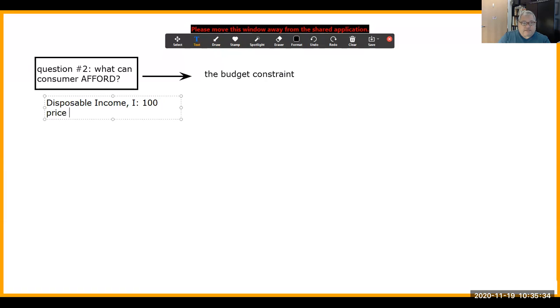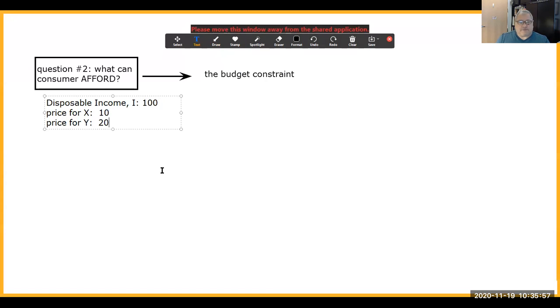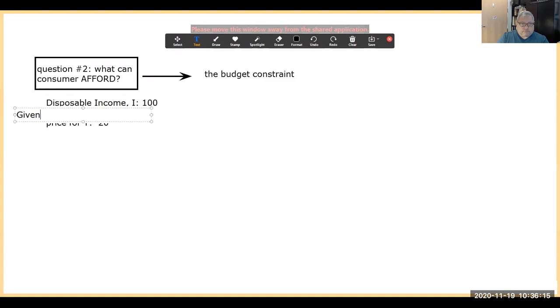And then I also need a price for X, and I also need a price for Y. I need a price for each of the two goods, X and Y. Something easily divisible into 100 would be easier, so I'm going to use 10 and 20. So good Y is twice as expensive to buy in a competitive market than good X is. So I need that information in order to build a budget constraint. So these are called my given information. This has to be given.